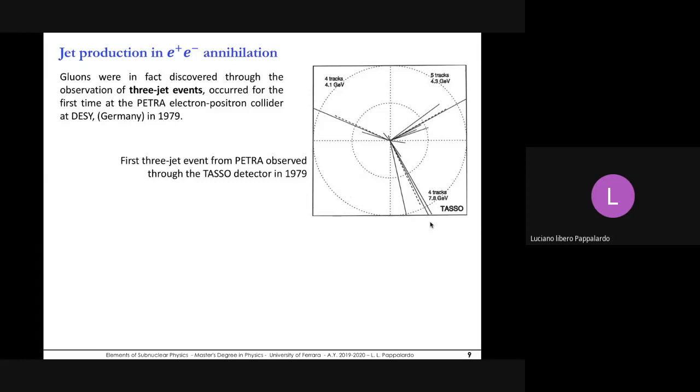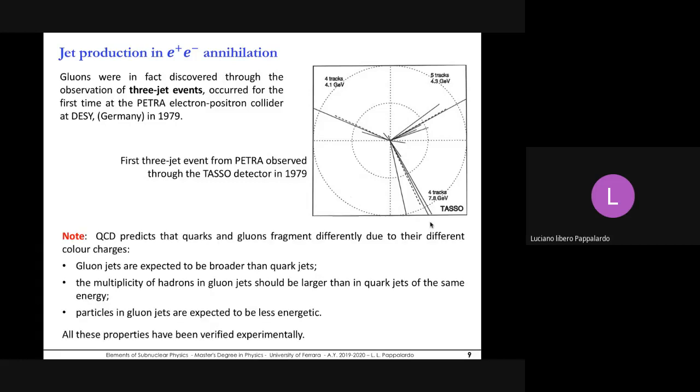Now, are jets produced by quarks and gluons expected to be the same, with the same features? Actually not. QCD predicts that quarks and gluons fragment differently due to their different color charges, of course. Gluon jets are expected to be broader than quark jets. The multiplicity of hadrons in gluon jets should be larger than in quark jets of the same energy.